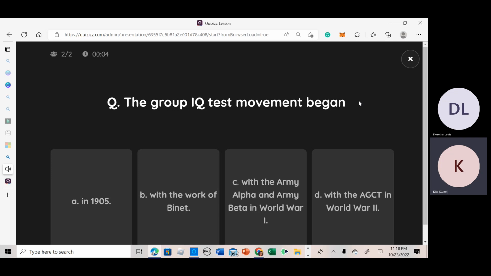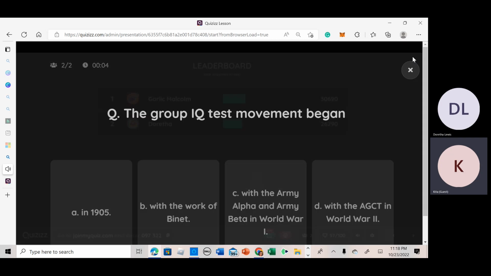The group IQ test movement began with Choice C, the Army Alpha and Army Beta in World War One.